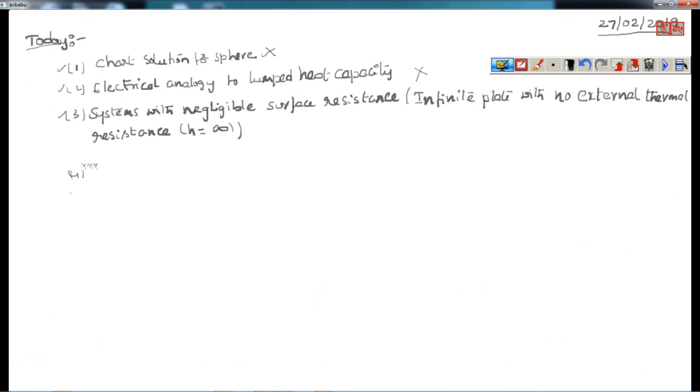Just let me check. Fourth one: response time of a temperature measuring equipment. This I will be talking about. Now I'll go to that fourth topic.